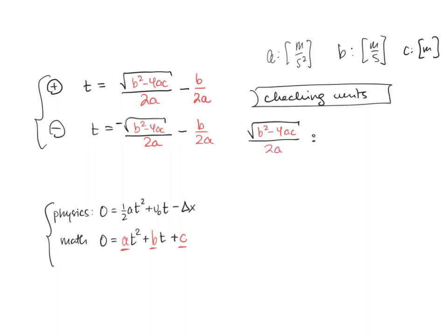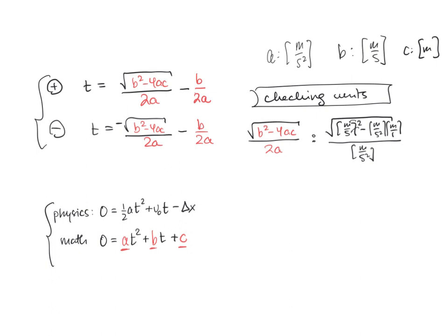We've got b squared minus 4ac, square rooted, all divided by 2a. As far as units go, b is meters per second, all squared, minus 4, which doesn't have any units, but a does. It's meters per second squared, and c is meters, and then divided by 2, which has no units, and meters per second squared. Both terms in the numerator have meters squared over seconds squared, if I distribute out this exponent and multiply these two meters together.